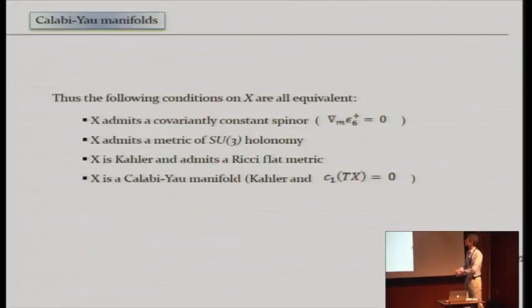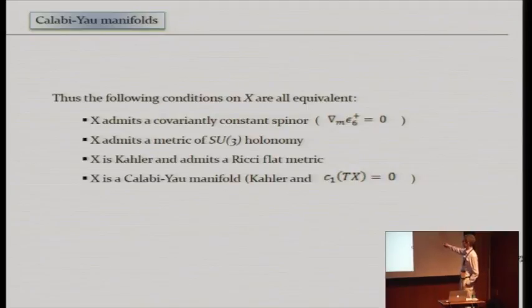Okay, so the summary of our long discussion can be summarized in the following bullet points. We've shown that the following conditions on our six manifold X are all equivalent. X admits a covariantly constant spinor, this equation, so that's what we wanted in order to find an unbroken supersymmetry transformation.